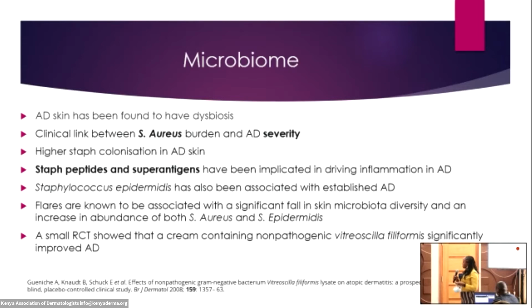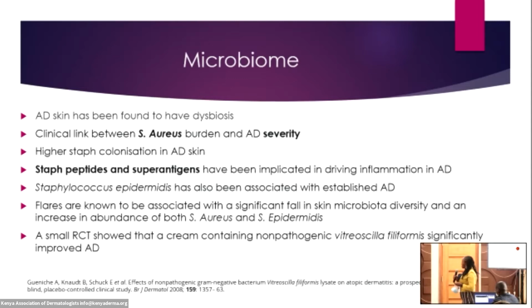Staph peptides and superantigens have also been found to drive inflammation in atopic dermatitis, and Staphylococcus epidermidis has also been associated with established atopic dermatitis. So flares are known to be associated with a significant fall in skin microbiota diversity and an increase in abundance of both Staphylococcus aureus and Staphylococcus epidermidis.